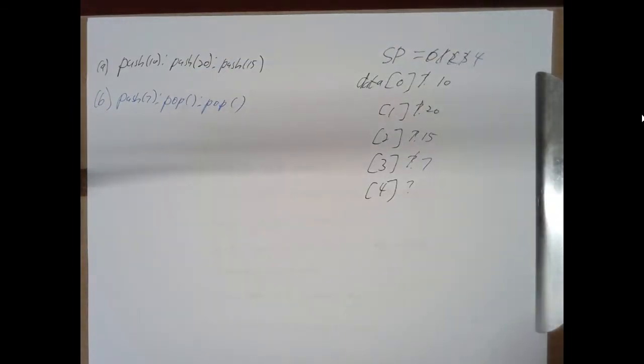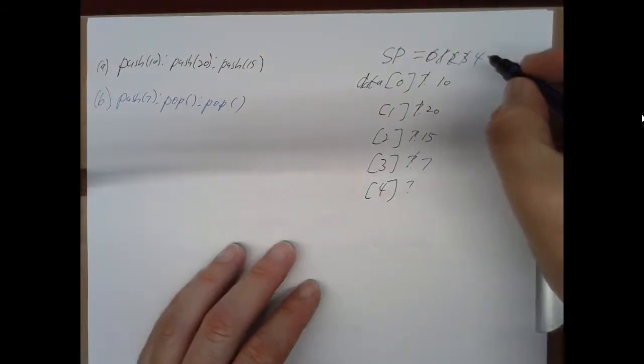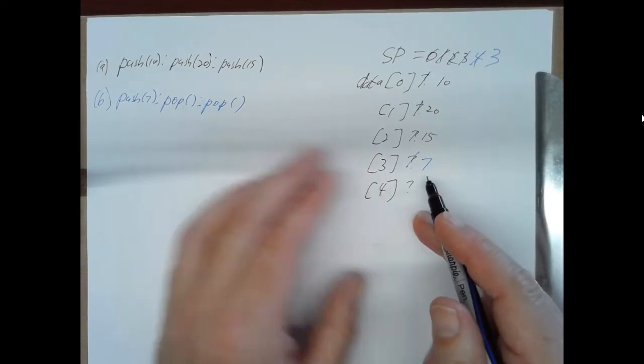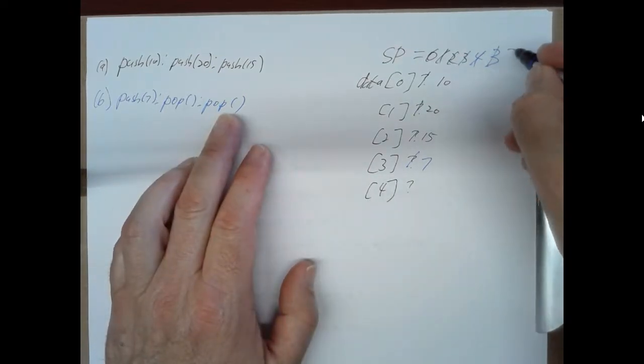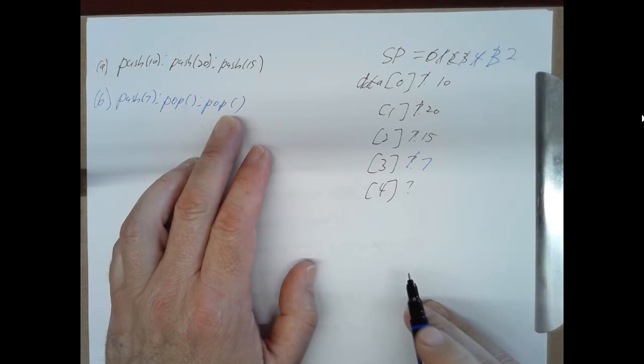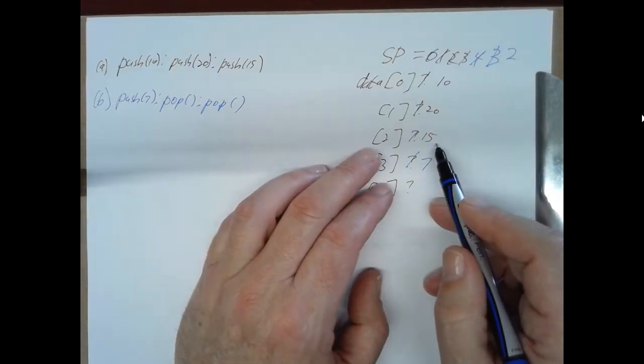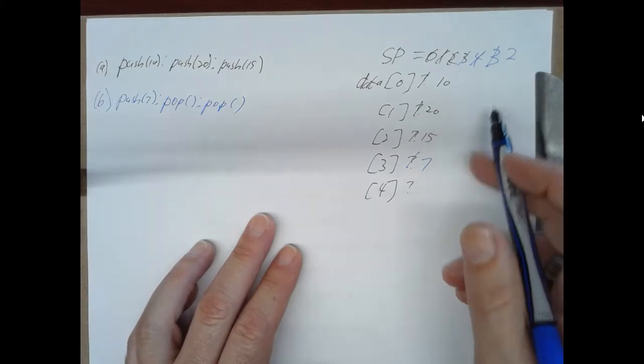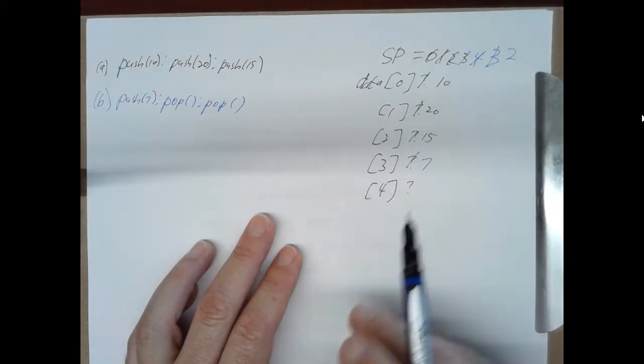So pop will decrement the stack pointer to 3, and it'll return a 7. And then pop again will decrement the stack pointer to 2, and it'll return index 2's element, which is 15. So at part B, our stack pointer is 2, and the values in our array are 10, 20, 15, 7, and question mark.